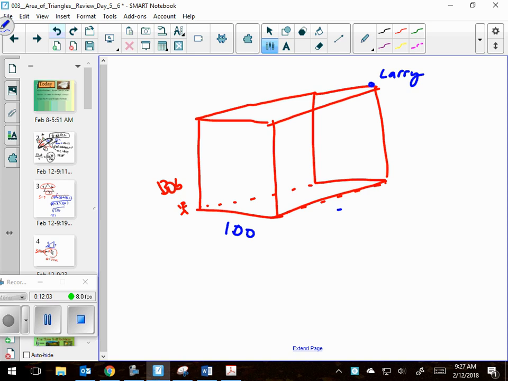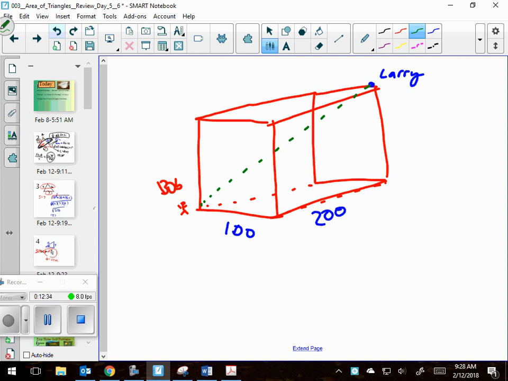Let's see if knowing these two sides, that's 100 and this is 200 feet long, is enough info for you to figure out the exact distance to go through the building from Bob to Larry. Now, just so that we have some common terminology, so when you're discussing this with other kids, you can use the same words.